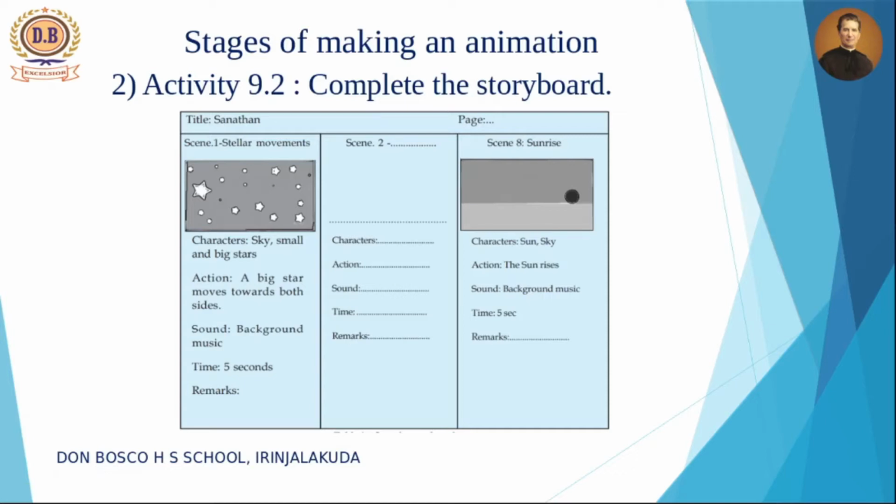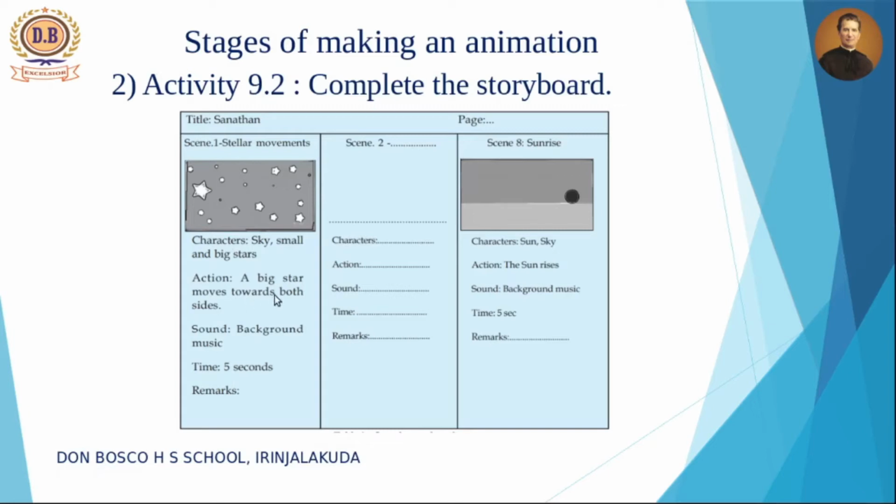So here you can see the first scene, stellar moments. Here you can see the image corresponding to that stellar moment. And what are the characters in that stellar moment? There will be a sky and small and big stars. And what will be the action? Action is that a big star is moving towards both sides.